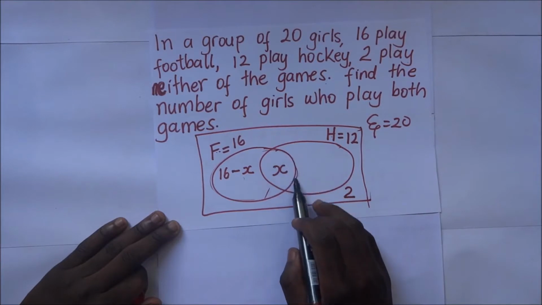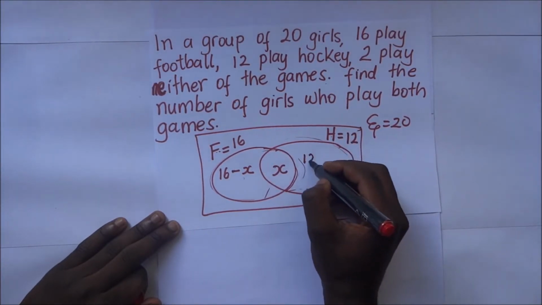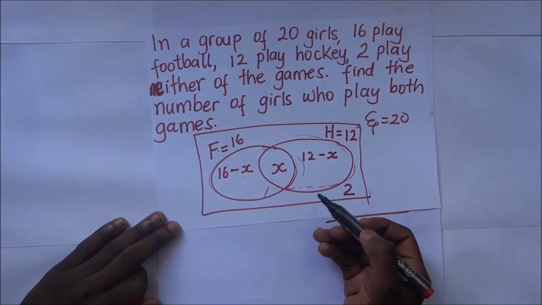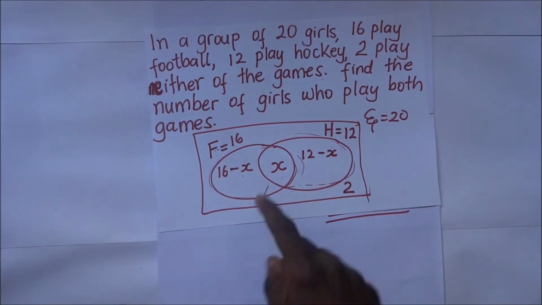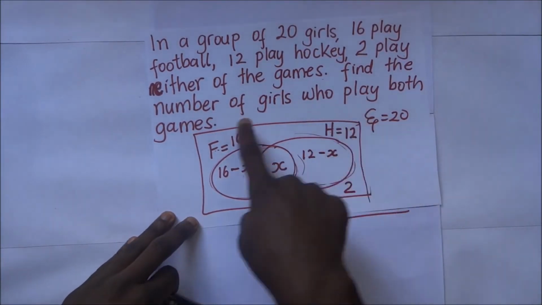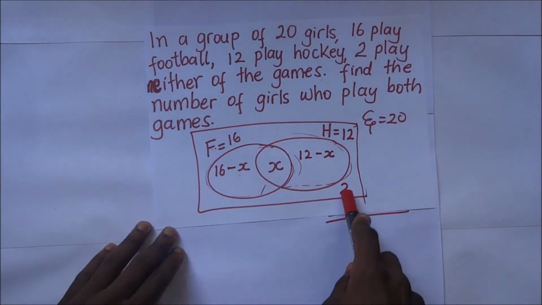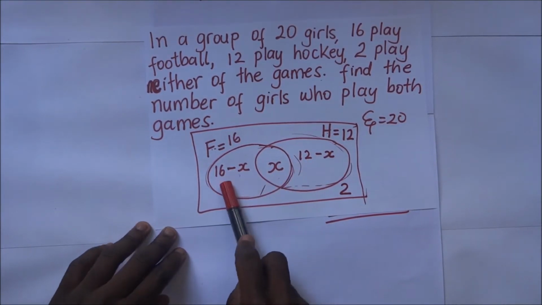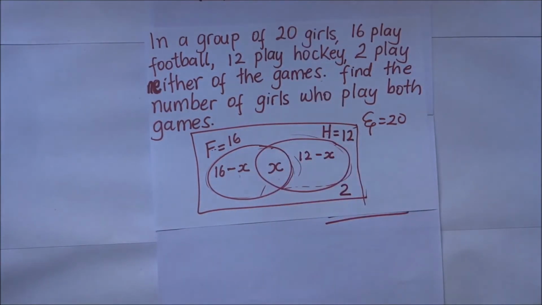But those who play hockey only, this portion, is going to be 12 minus X, the people who play both games. So our task here is to find the value of X, because the value of X is the number of girls who play both games. We shall get it by saying it is 2 plus this plus that plus this is equal to 20, which is the total number of girls.